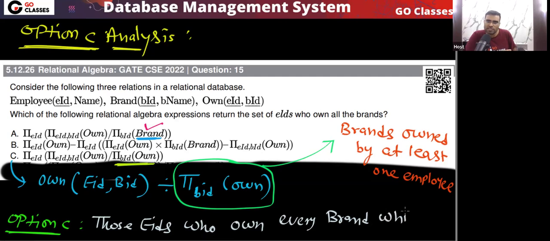Okay, so this is the answer. So let me tell you a concrete example. For example, let's assume in the on table you have EID, BID.